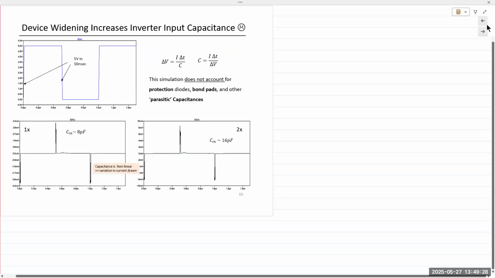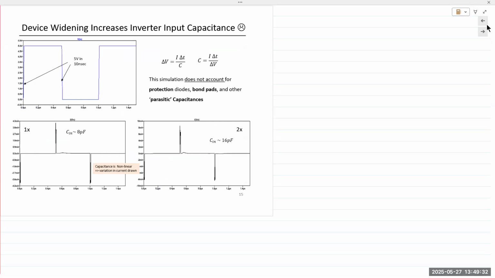All right. So if you increase the channel width, you're increasing the dimensions of the device. When you do that, obviously capacitance is increasing, right? The gate itself leads to a capacitance.